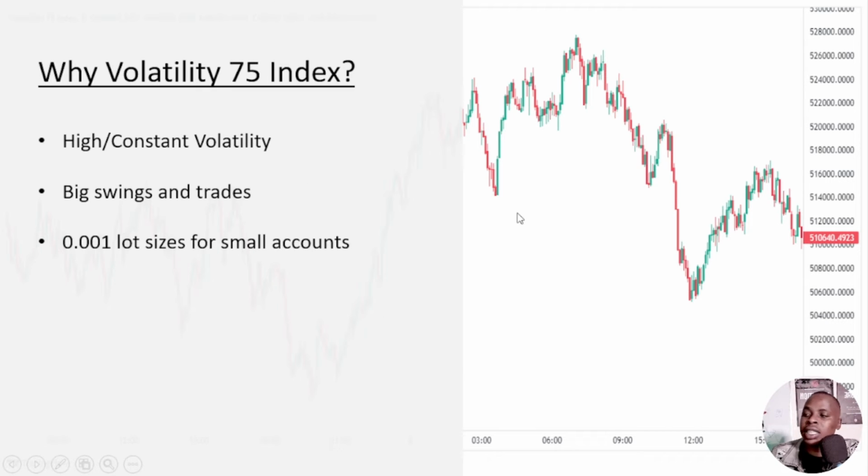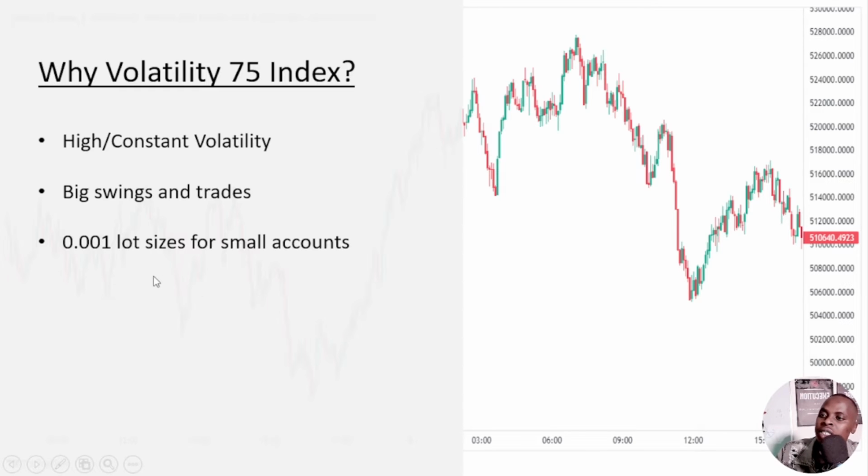Now, the number 3 thing that I wanted to talk about is, if you are using Volatility 75 index, you can use a nano lot, as compared to other instruments where you can use a micro lot. Since this market moves a lot, it gives you an opportunity to place trades with a very small lot size, which means with 0.001 you are placing less than the minimum lot size of any other broker out there.